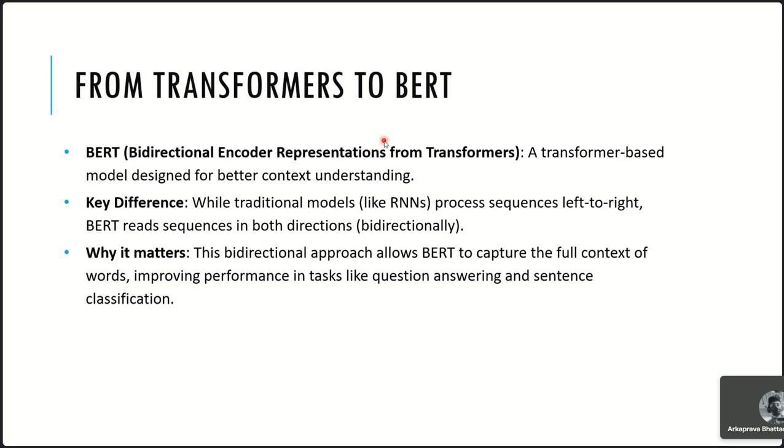Along with the multi-head attention, we also added positional encoding. These 3 features which were in the encoder part of transformers are added along with the bidirectional LSTM. That is the reason why it is called Bidirectional Encoder Representations from Transformers.